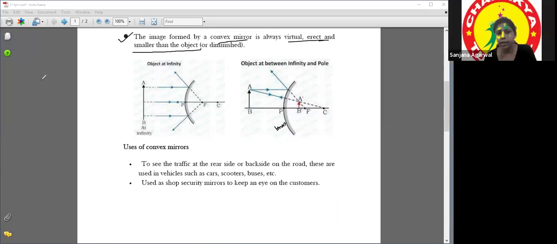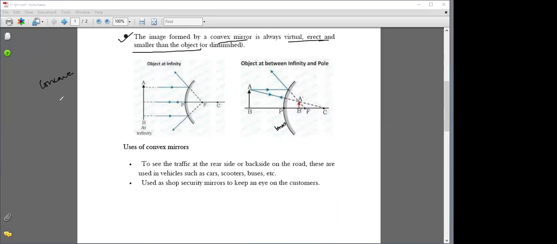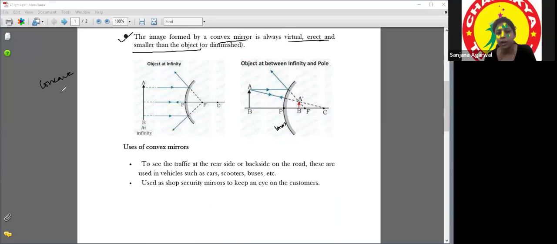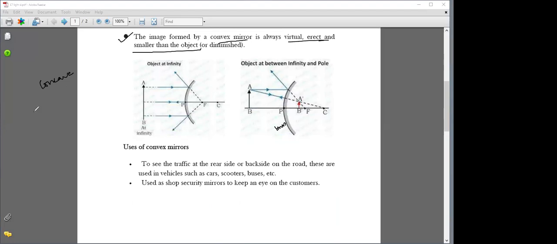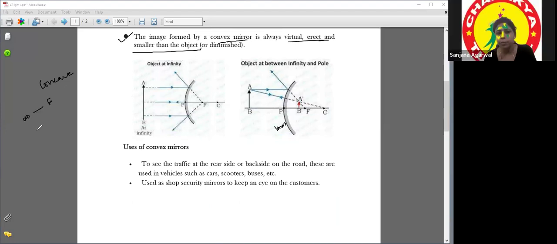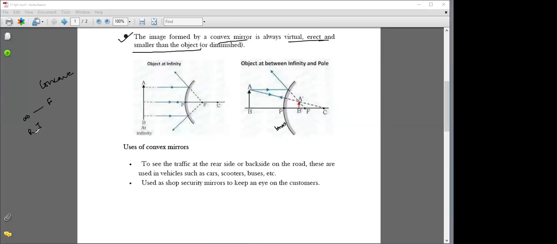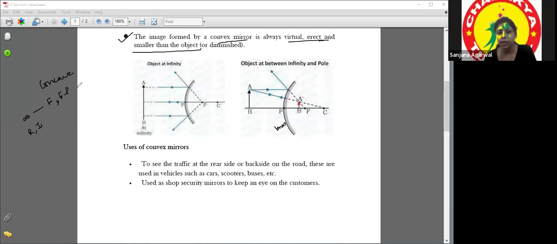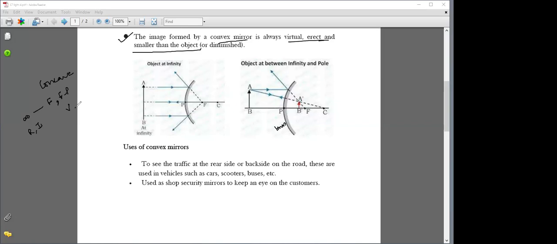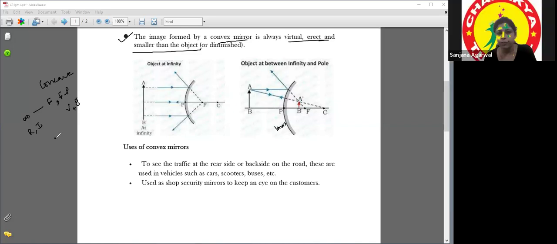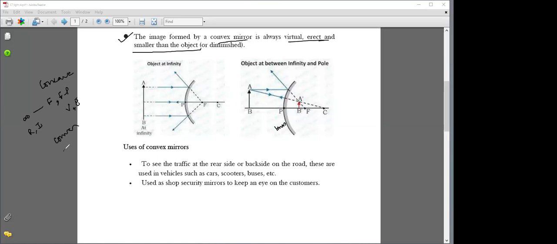If you remember in the concave mirror, I categorized the image nature in two ways: from infinity till the point of focus, the image formed is real and inverted, and the size is sometimes smaller, sometimes bigger. But when you keep the object between pole and focus, the image is virtual and erect. Whereas in the case of the convex mirror, it doesn't matter where you keep the object, because the object will be kept on the left side. Just remember that the image formed will always be virtual, erect, on the same side, and smaller.